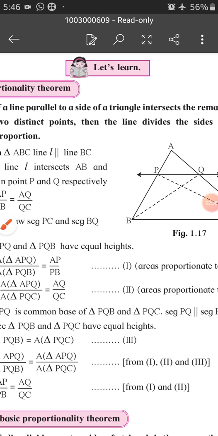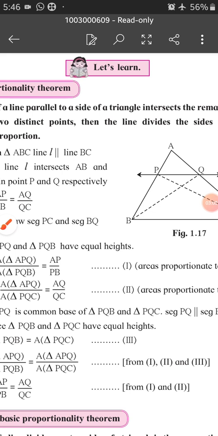So we'll observe triangle APQ and triangle PQB. They have equal height. Why? Because both the triangles lie in one triangle AQB, where Q is a vertex of this triangle. So both the triangles have equal height. So their areas are proportionate to their bases.